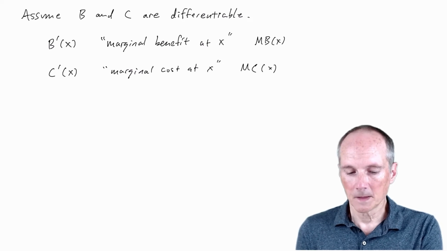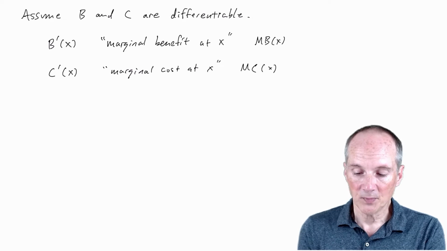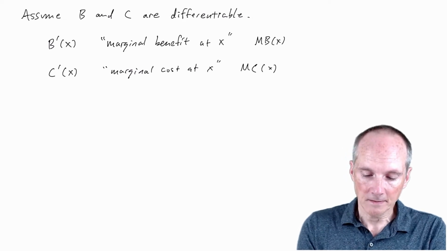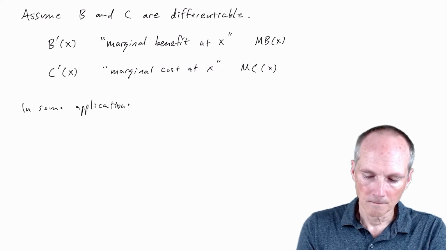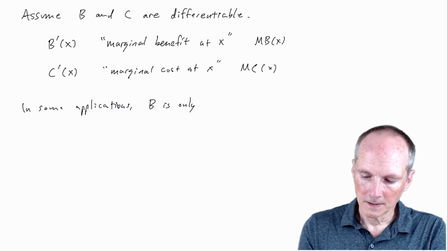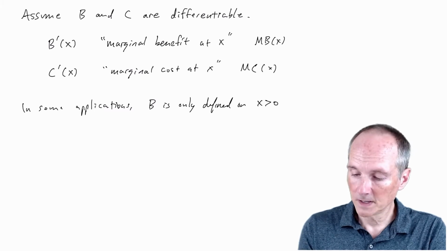Okay, at this point, to be a little more technically precise, I should point out that there might be some applications where the benefit function is only defined on positive scale levels.